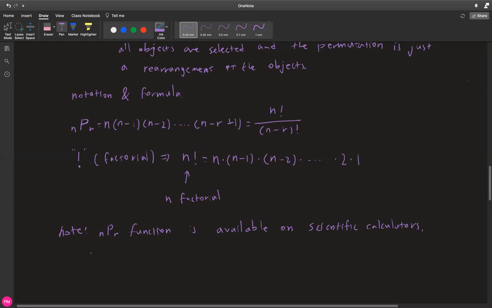The access may vary by calculator, but it is usually under the math function or probability function. Hope that makes sense.